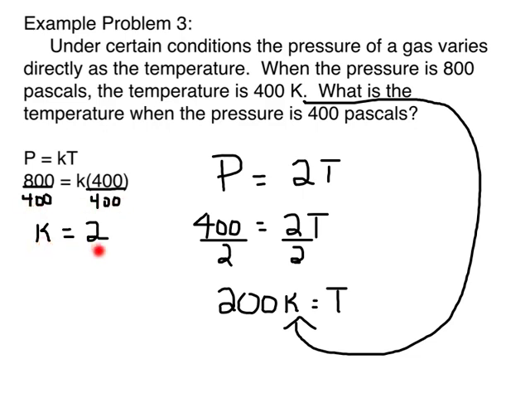We find that the constant is 2. So the pressure equals 2 times the temperature, in other words. So if the pressure is 400 and it's 2 times the temperature, we divide by 2 on both sides and we'd find out that the temperature would then be 200 K.